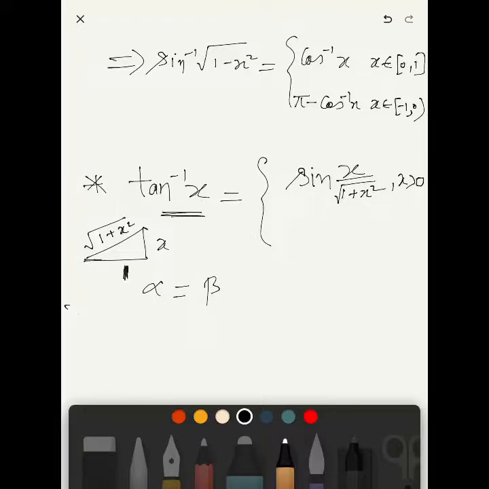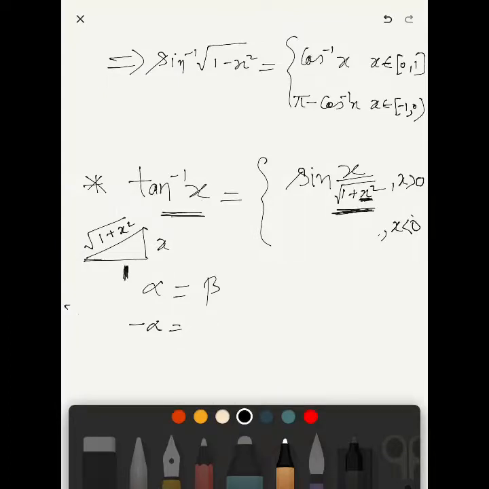But when x is negative, this side it comes out to be minus alpha, and right hand side when you put negative here, this x square will be same, right?